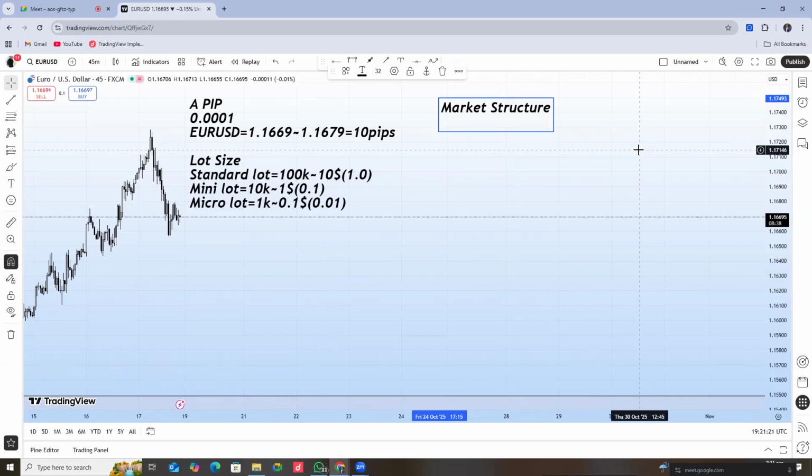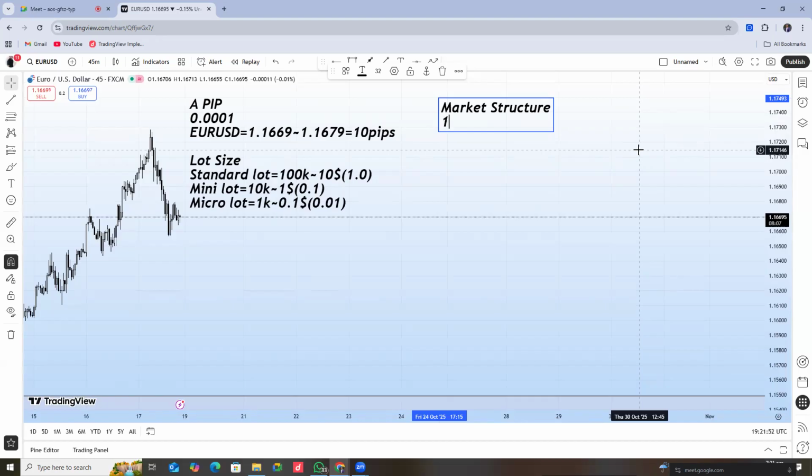Even before I explain, we understand that when we want to describe the structure of a thing, we say it is big, it's small, rounded. I mean the physical appearance, how it looks. So for market structure, we are talking about how the market looks. It is whether the market is going up or going down or ranging or choppy. We'll get to understand it.